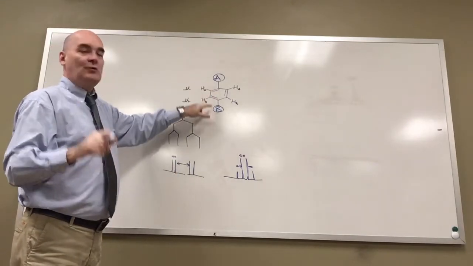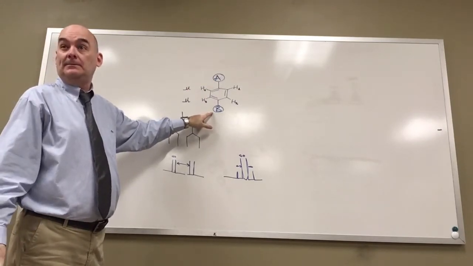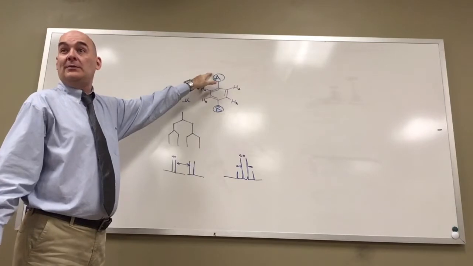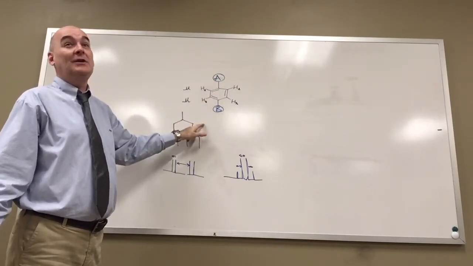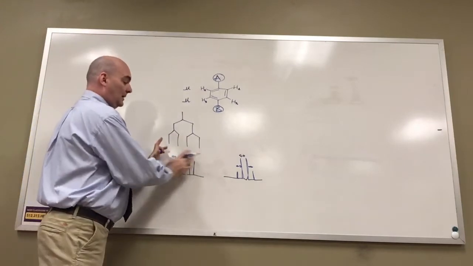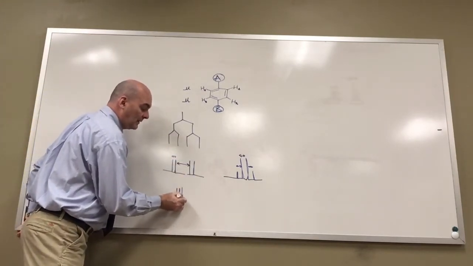If group A and group B are different but similar, let's say that was a methyl and this is a propyl, or that's a methyl and that's an ethyl, they're really similar. This doublet of doublets closes in.